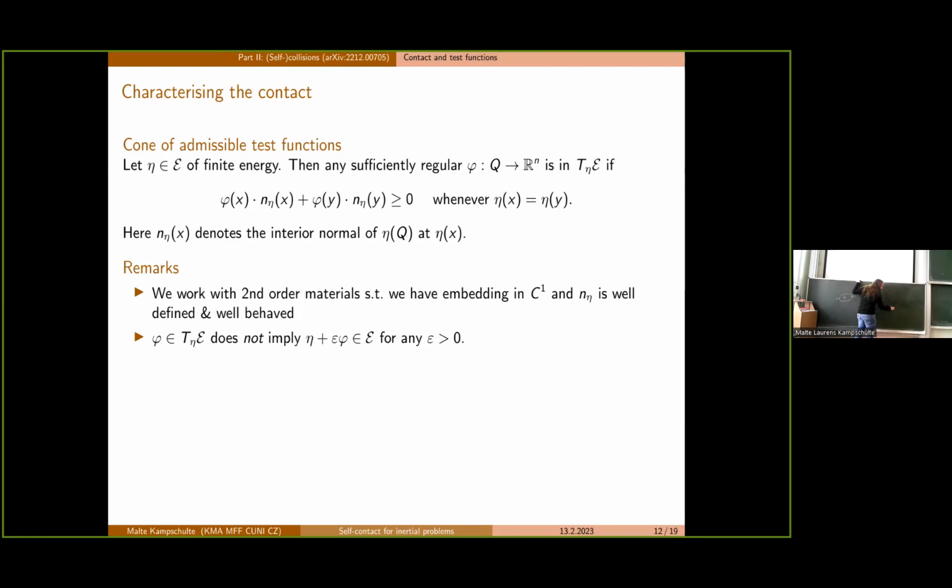So if this is one half of the solid, and the other one looks like this, they touch here somewhere, and it's over there. Then, in terms of this condition, it's perfectly fine to keep, say, the right hand side stationary and move the left hand side down. And with this kind of concave picture, no matter how little you move down, we have overlap.